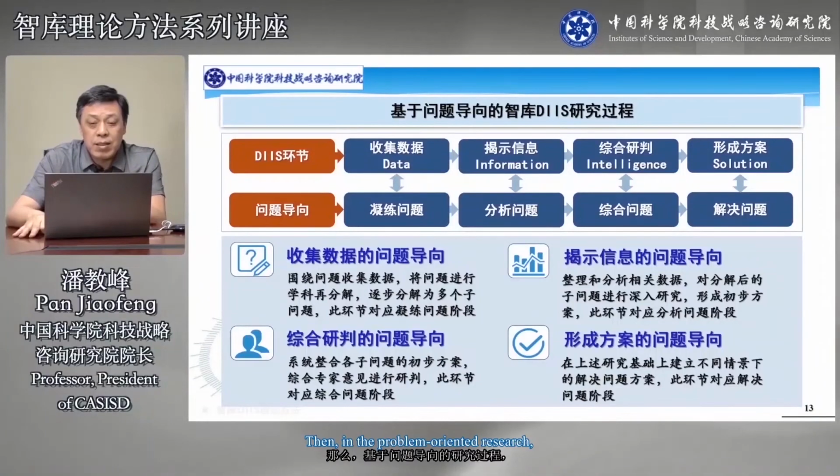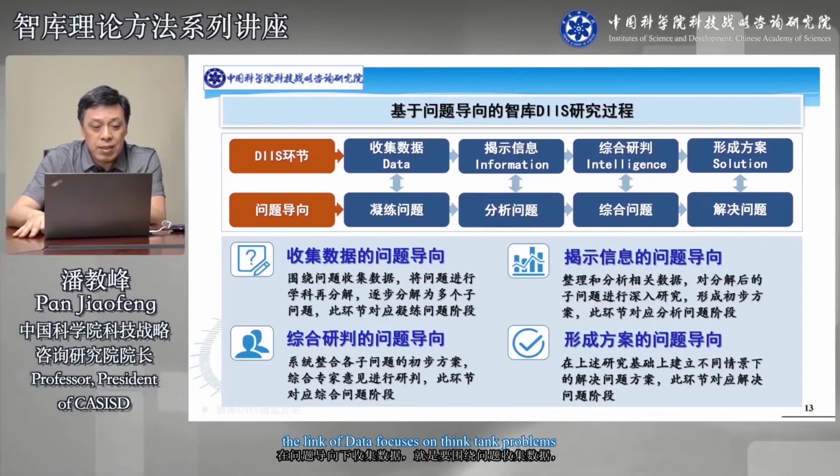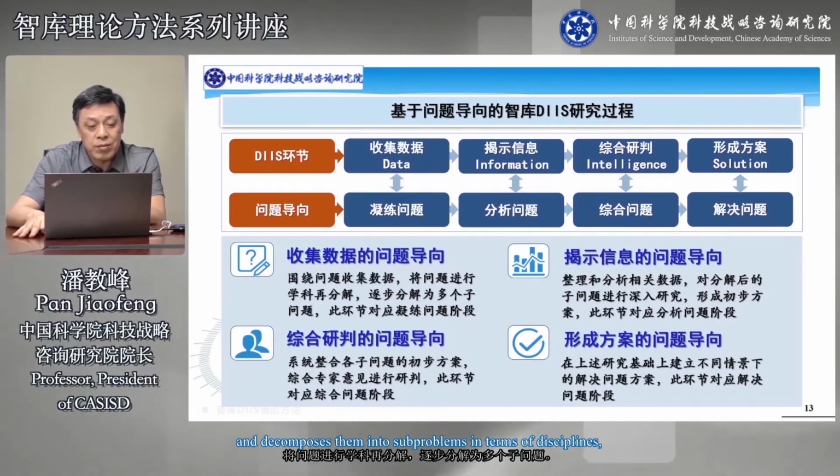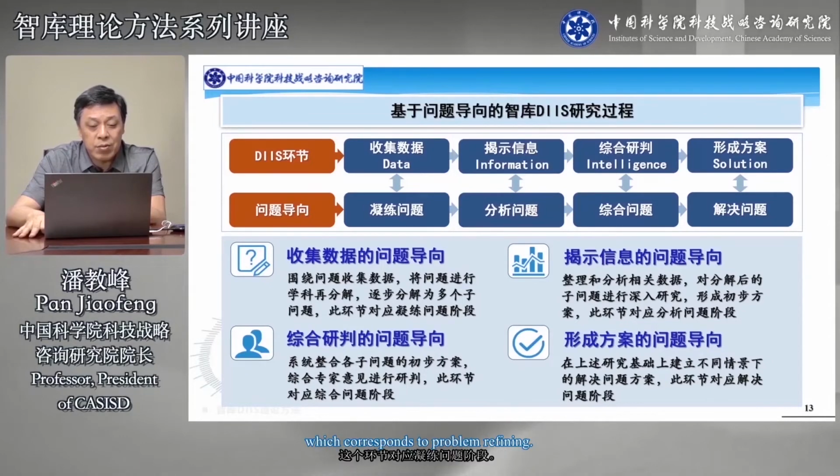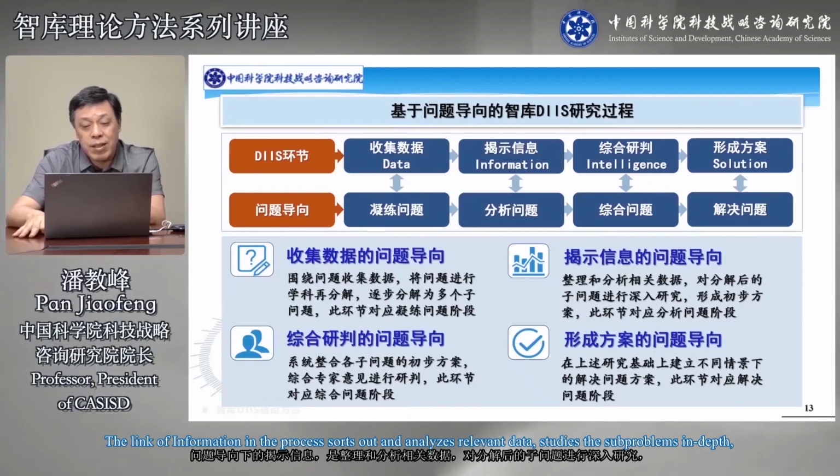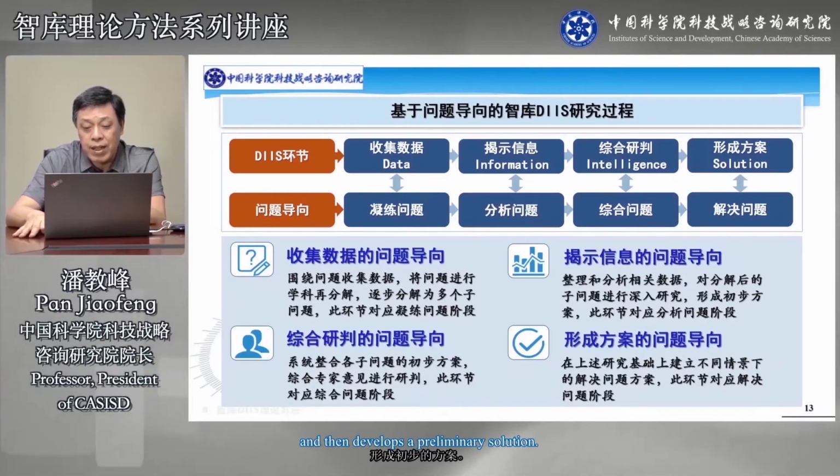Then in the problem-oriented research, the link of data focuses on think tank problems and decomposes them into subproblems in terms of disciplines, which corresponds to problem refining. The link of information in the process sorts out and analyzes relevant data, studies the subproblems in depth, and then develops a preliminary solution.